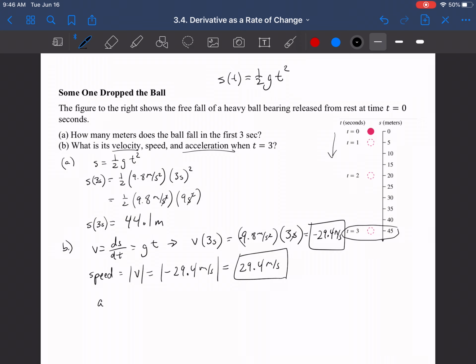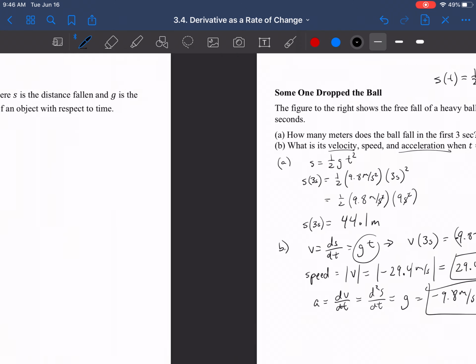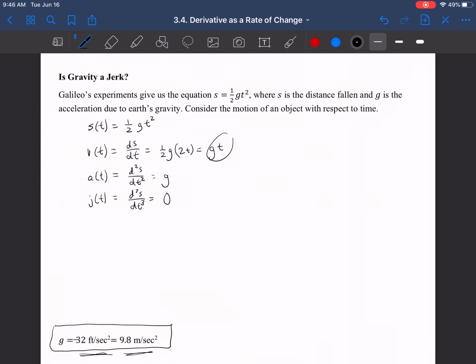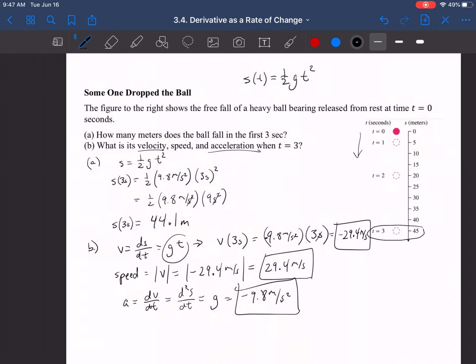And now acceleration is the time derivative of velocity, which is the second time derivative of position, which is just the time derivative of gt, which is just g, which is just a constant, which is just negative 9.8 meters per second squared. There you go. In fact, I might go back here and add negatives right there. These are actually negative values, okay? Those are my little negative signs.